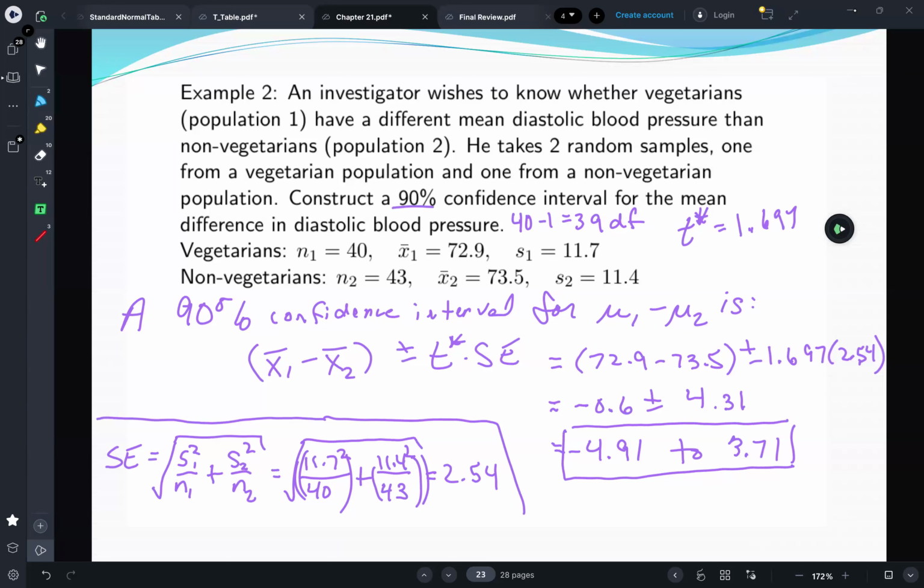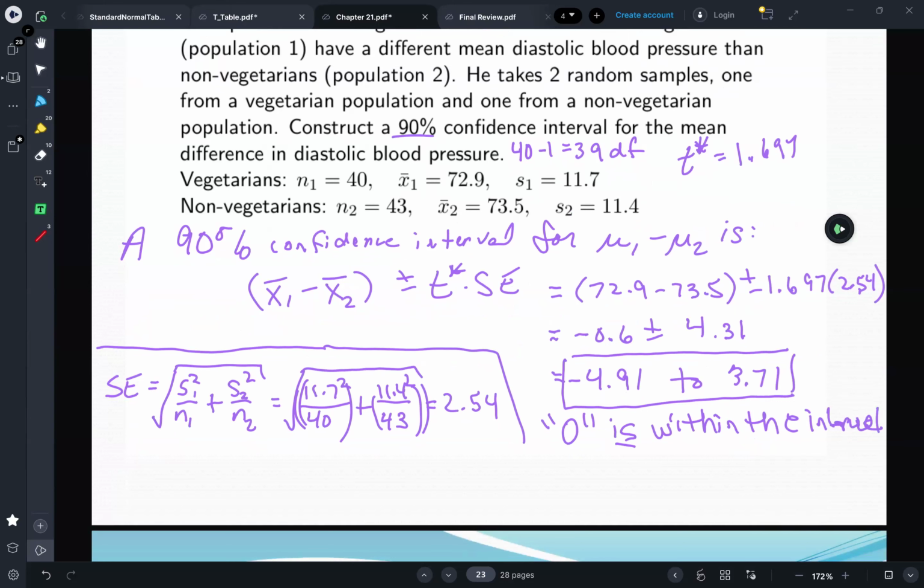So I can say it like this: 0 is within the interval. Therefore, there is no difference.